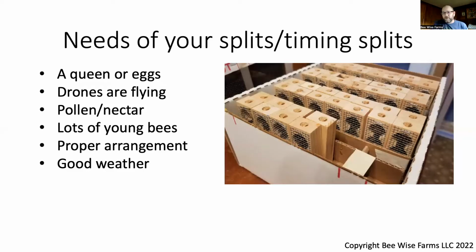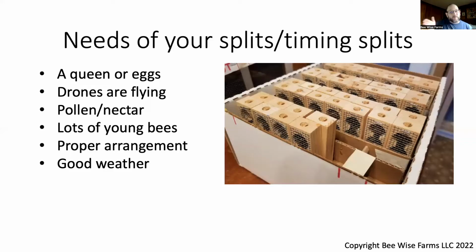The difference between the two, well, when you add a queen, this is basically a typical situation where we add a mated queen, or when you're just adding eggs, we call these walkaway splits. When you're not adding a queen, you're walking away and letting them raise their own queen. The next thing you need to understand is, do I have drones that are flying? So if you don't buy a mated queen, not only do you need eggs, but you also have to have a drone population in the area before your queen can ever get mated.